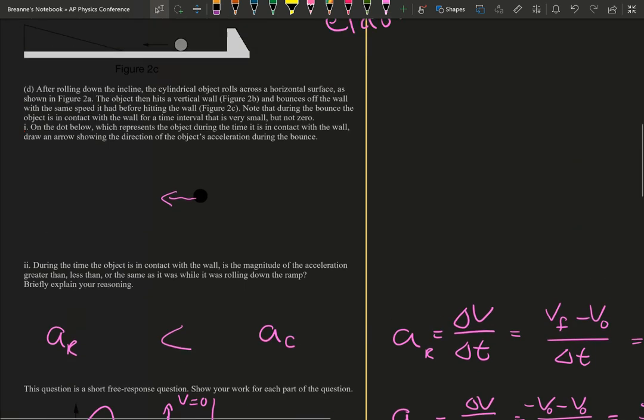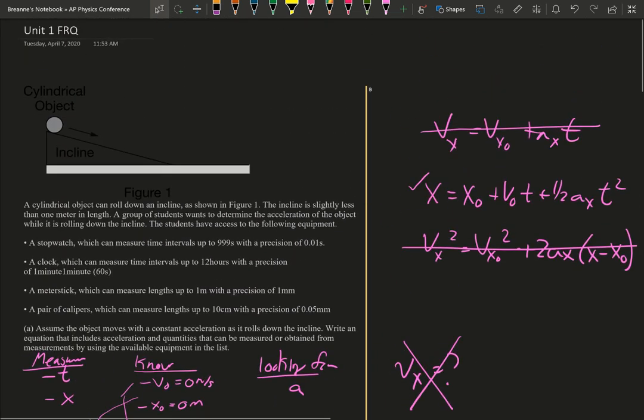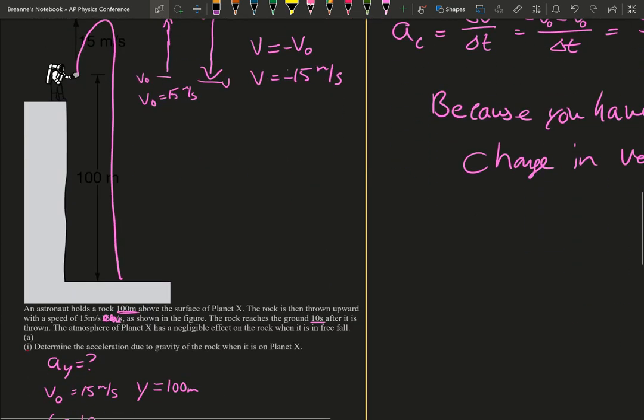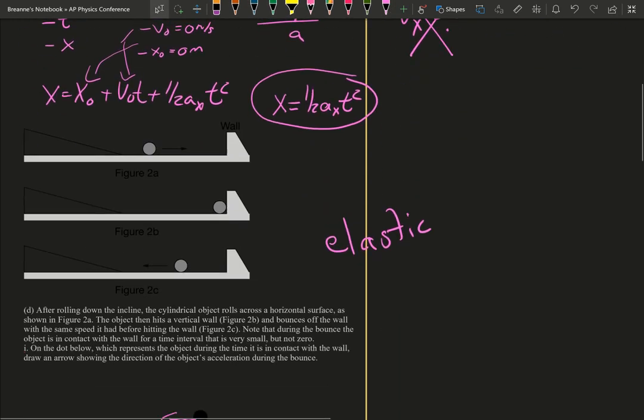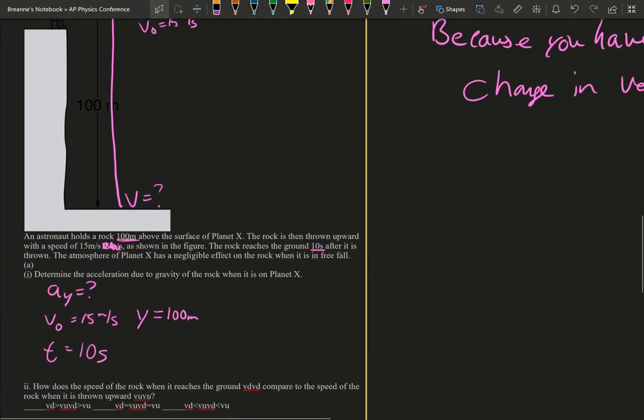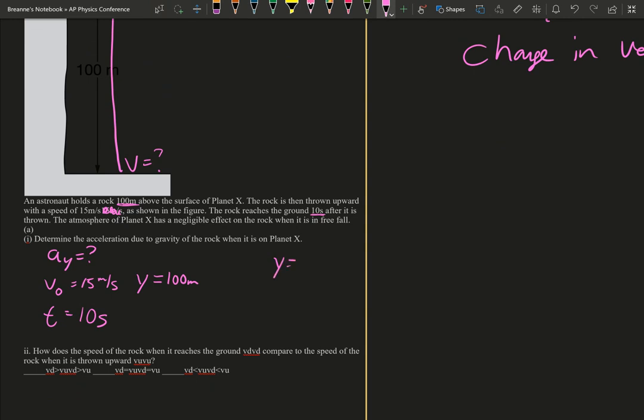Again, let's look at our equations. We don't have final velocity at all, because we don't know how fast it's going to be going right before it hits. So we're stuck with this version of the equation: y equals y naught plus v_y naught t plus 1/2 a_y t squared.